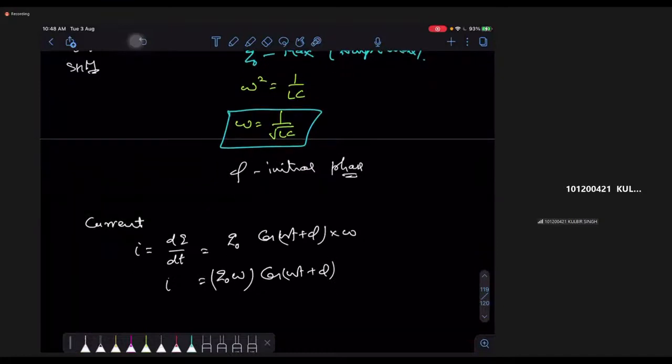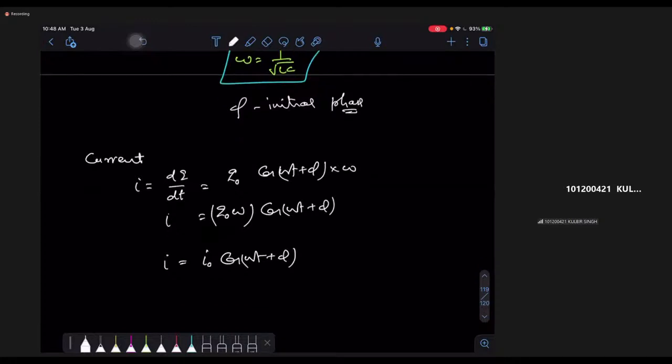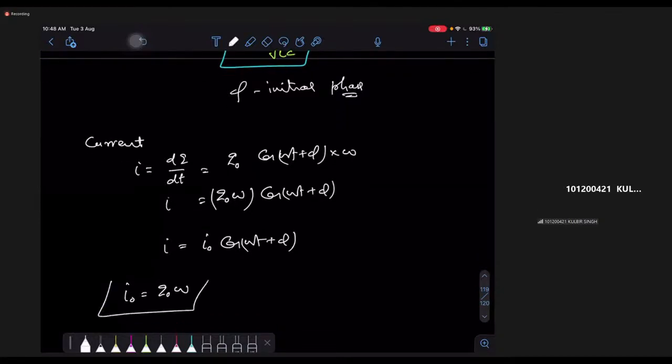So here the current is also oscillating, and the maximum value of the current comes when the cos term is maximum. So I can say the peak value or the amplitude of the current is Q naught omega.